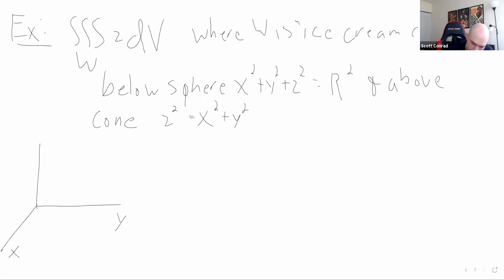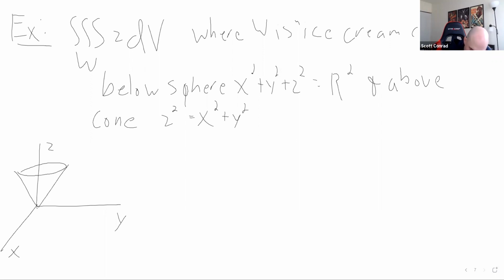So as always, let's make a quick sketch of our region. It lies below the sphere of radius R and above the cone z squared equals x squared plus y squared. So there's our cone. We're only going to look at the top half of the cone here because it's going to lie above this cone.